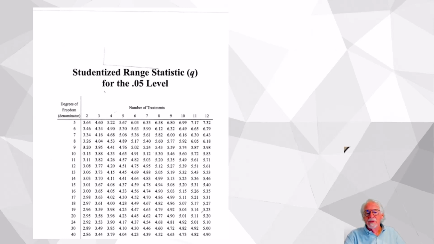I need to find my number. Right, so the within groups degrees of freedom, and I need to go back to the table here to find out what that was. 12.